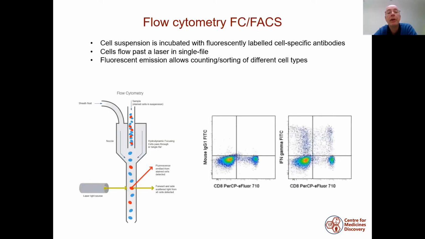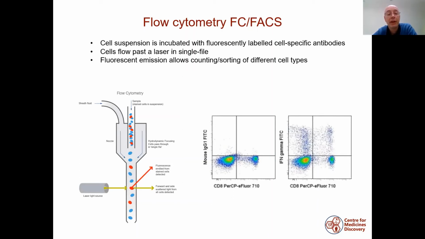So I guess most people are familiar with flow cytometry, and I find this is useful to understand before looking at imaging cytometry, mass cytometry. So basically in flow cytometry, you have a cell suspension. You incubate your cell suspension with specific fluorescently labeled antibodies.